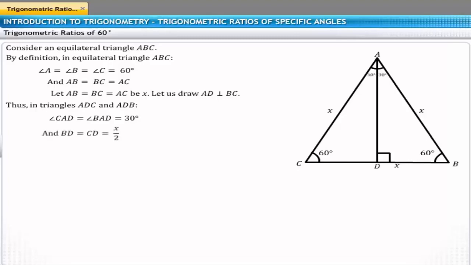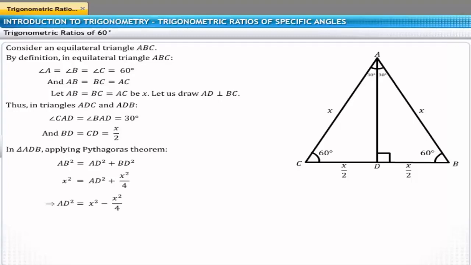It also divides side BC into two equal parts, BD and CD, each equal to x by 2. Applying Pythagoras theorem to triangle ADB, we get the length of side AD as root 3 by 2 times x.